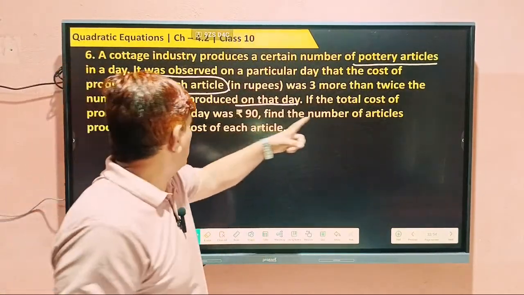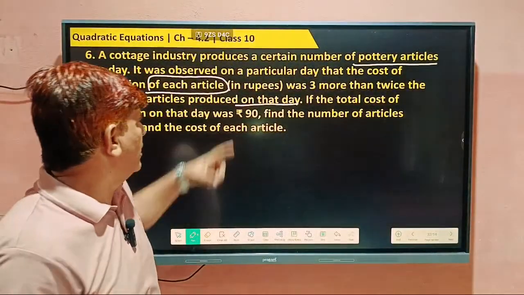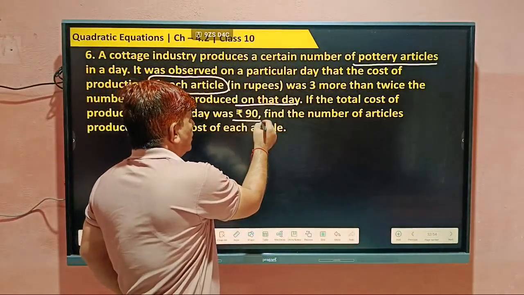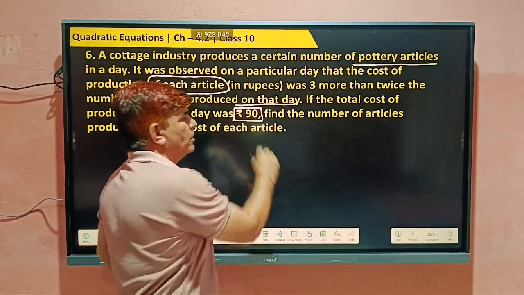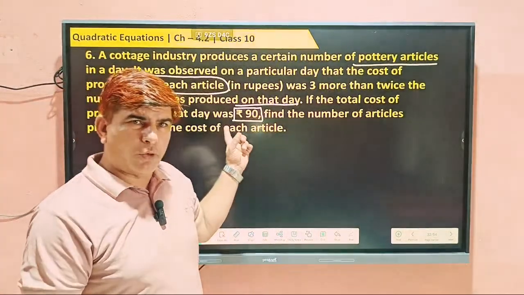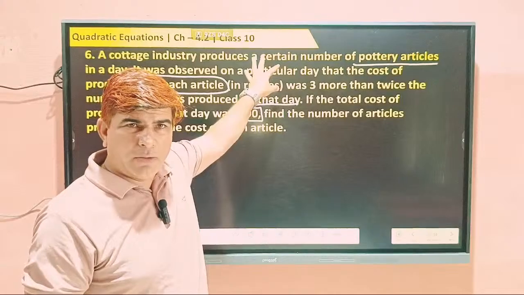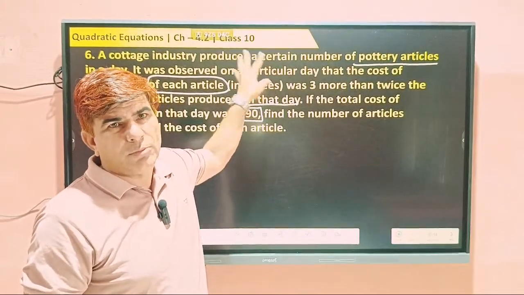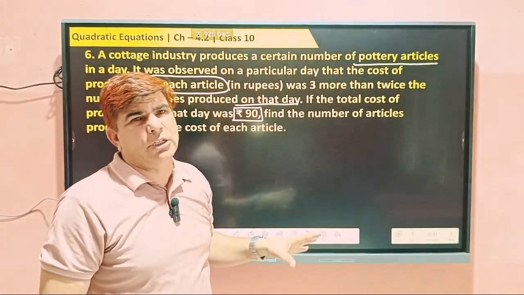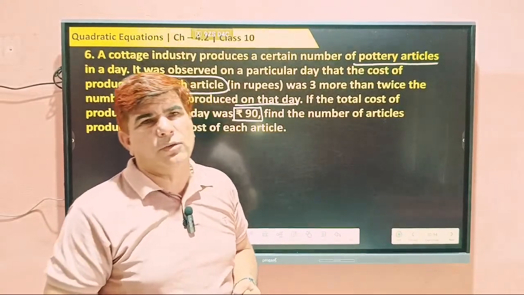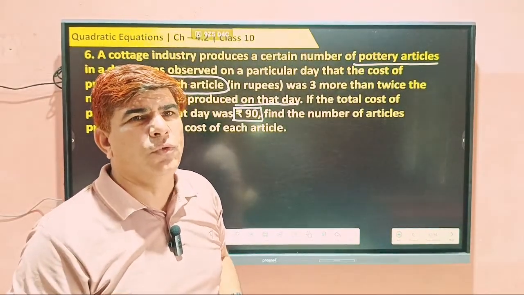And if the total cost of production on that day was 90 rupees, this is the total cost of production, one production is this, from our assumption, which becomes a quadratic equation. Again we have to find the value of x.